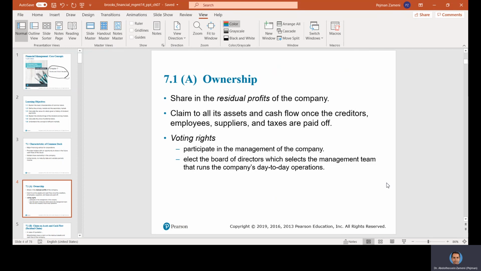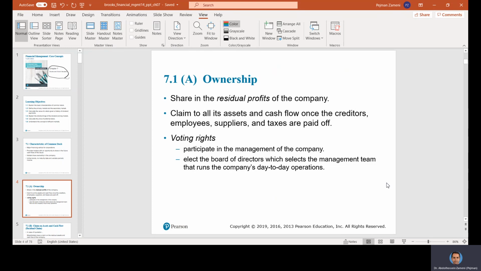What does this mean? If there is a profit, the company is first supposed to pay the creditors, suppliers, employees, and of course the tax. And if there is anything extra, it goes to the shareholders.